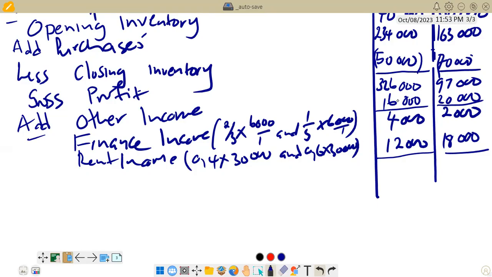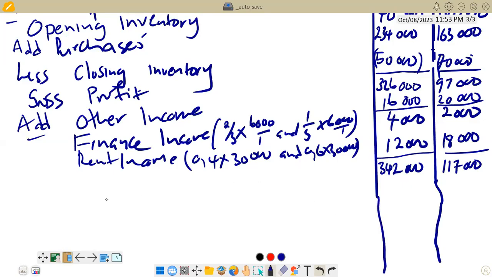Right. So we are adding 326 plus 16. If we do that, we get 342,000. And then if you add 97 plus 20, you get 170. So that is what we have there.